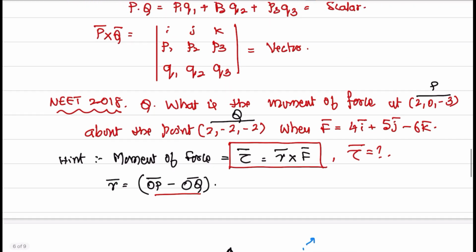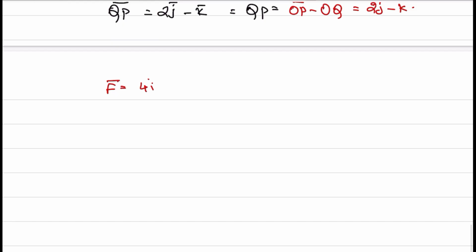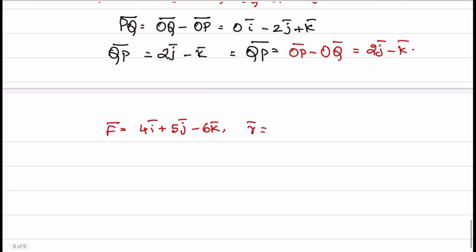Force you have. What is the force value? The force is given as 4i plus 5j minus 6k. R is equal to QP, that is equal to 2j minus k. So multiply these two.